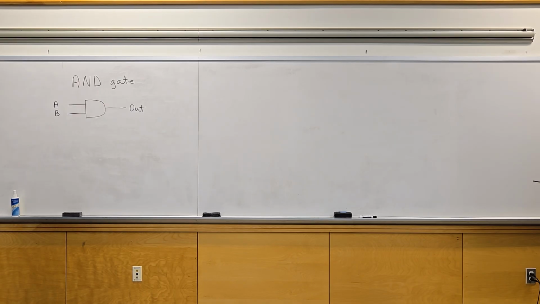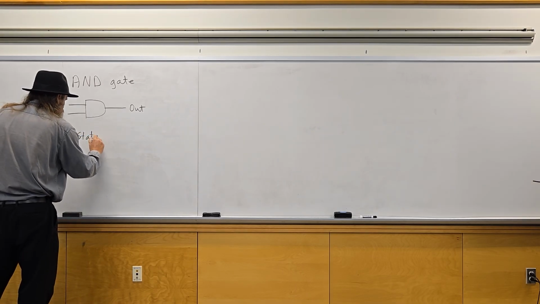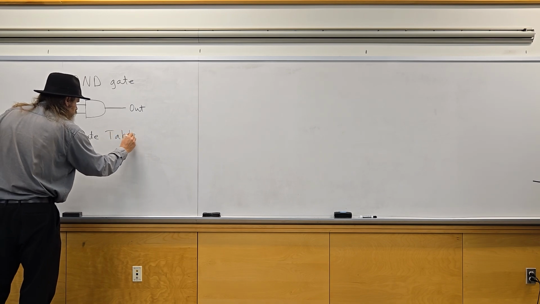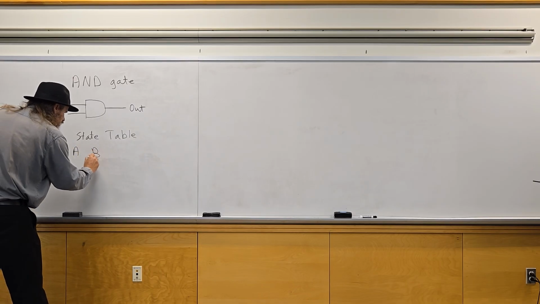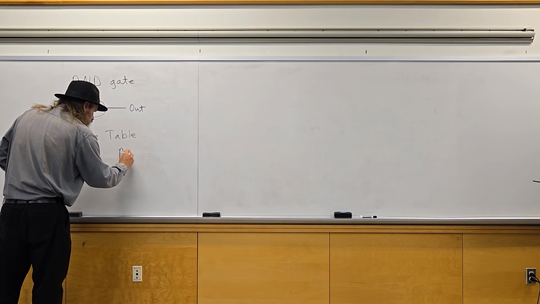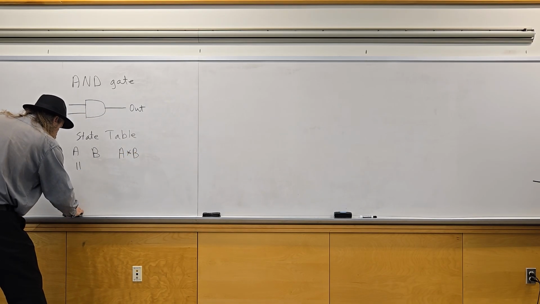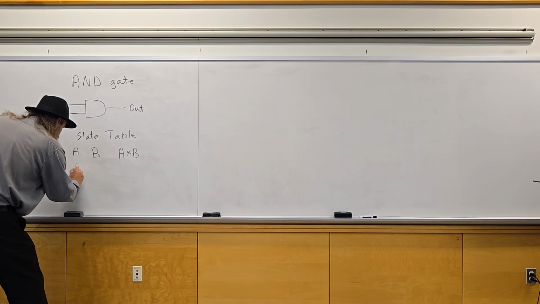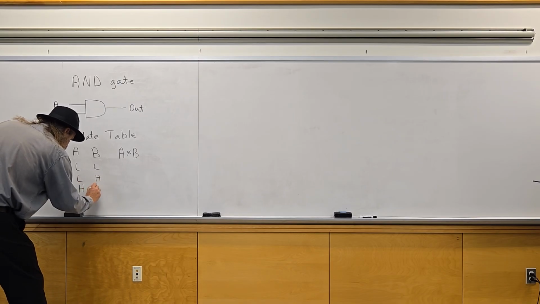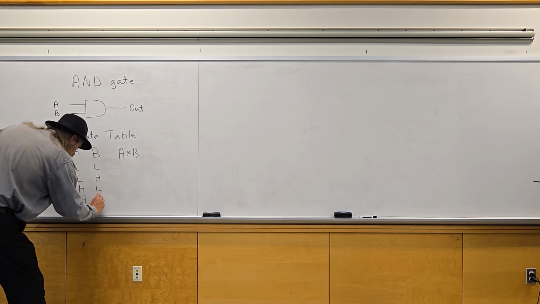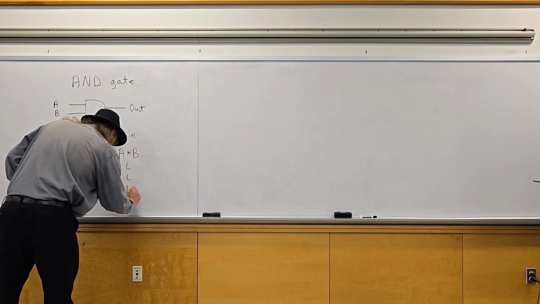The proper term for this is the state table. A, B, A times B. Low, high, low, high is low, low, and high.